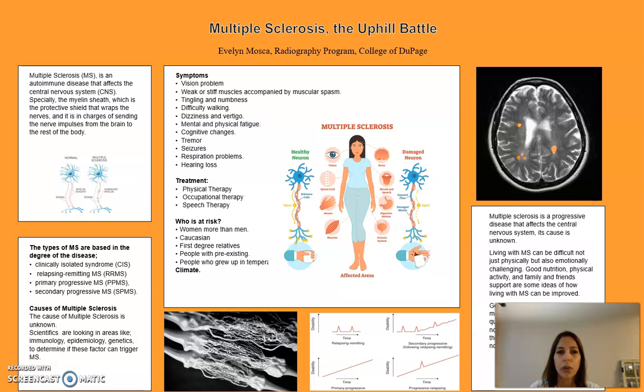Also seizures, tremors. Those are the primary effects or symptoms that are caused by MS. Also, secondary symptoms will be something like depression, which is caused by the primary symptoms.